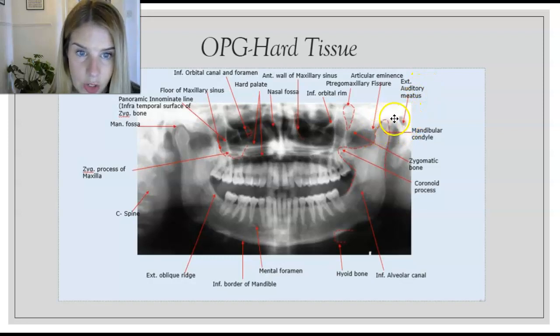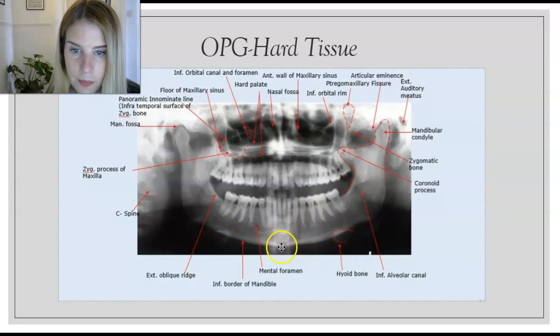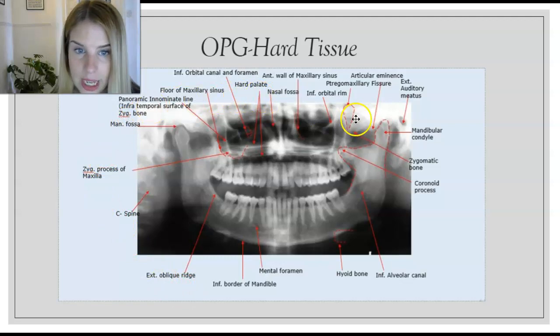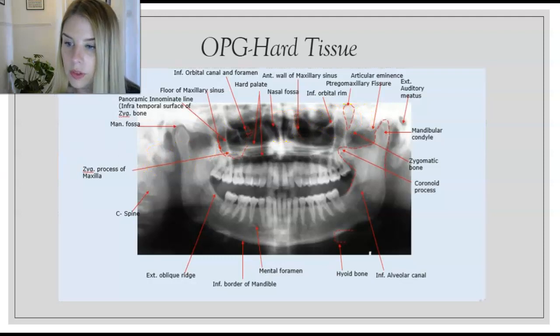And as you work your way down, you can see the condyle of the mandible, the zygomatic bone sitting just behind it, the coronoid process. Because it's panoramic, you can see sort of a shadow of the hyoid bone on both sides. This little small hole in here is the mental foramen. Yeah, so there's lots of different things that you can identify from an OPG image, so you can see why it is quite helpful for clinicians.